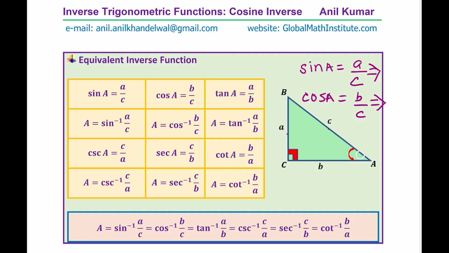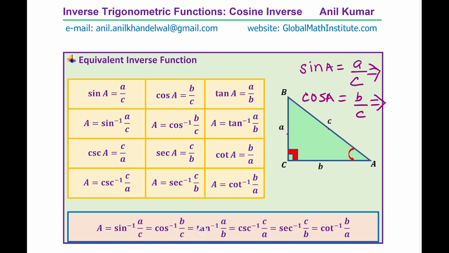But the angle is the same. That means both should be the same. You get the idea. So angle A is sine inverse of a over c, and it is also equal to cos inverse of b over c, and therefore sine inverse of a over c is always equal to cos inverse of b over c.